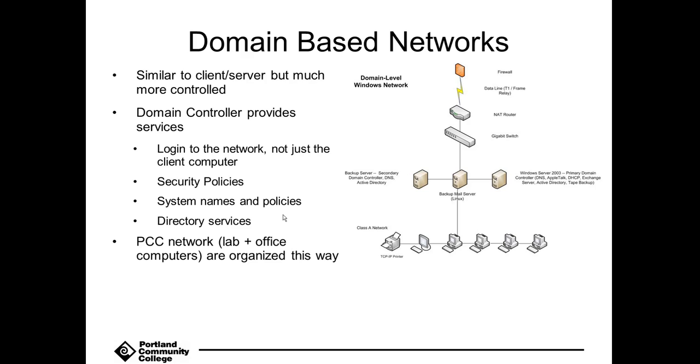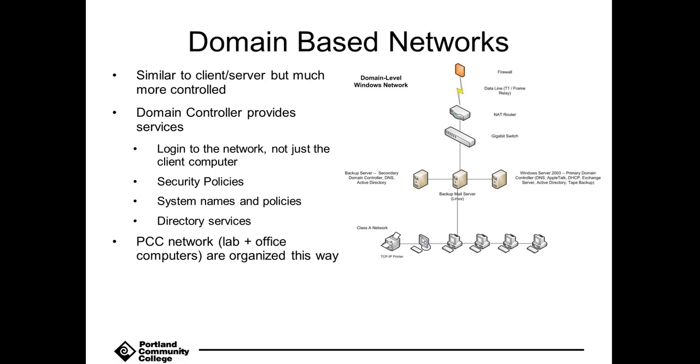Now, beyond the client-server model, I guess there's another word we use for a more complicated client-server model. It's called a domain-based network. It's much more controlled, much more secure. We use the word domain in that the computers that are connected, the clients that are connected, belong to a domain, and there is a domain controller, one of these servers here, that controls whether or not you can actually log into the computer.